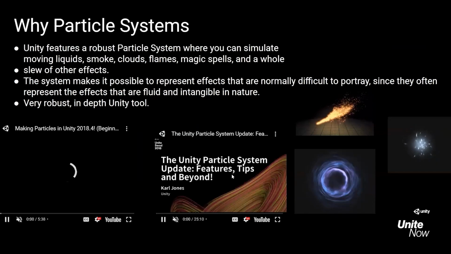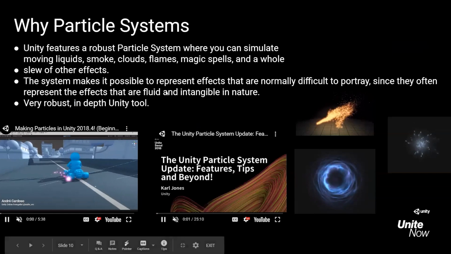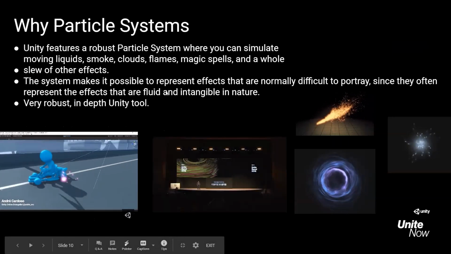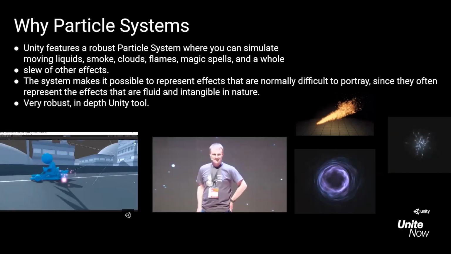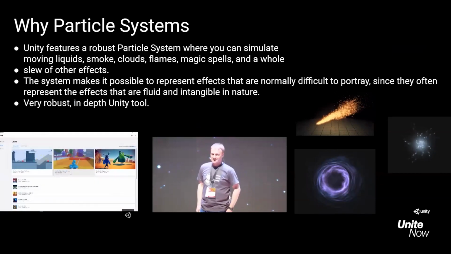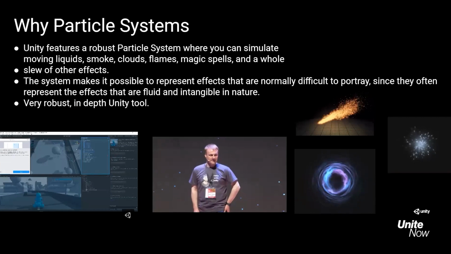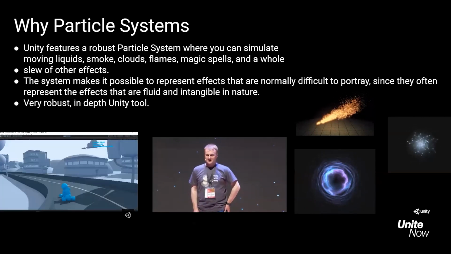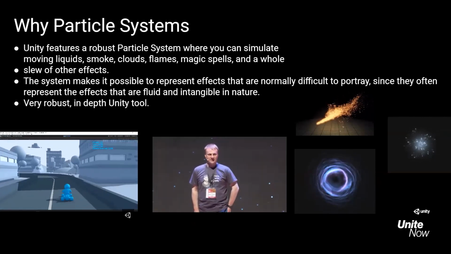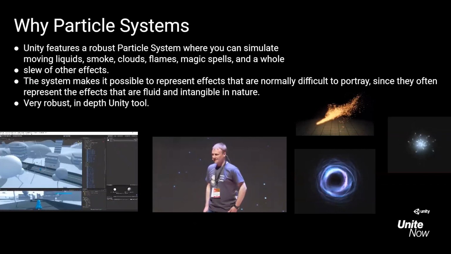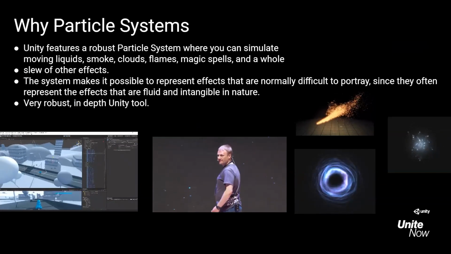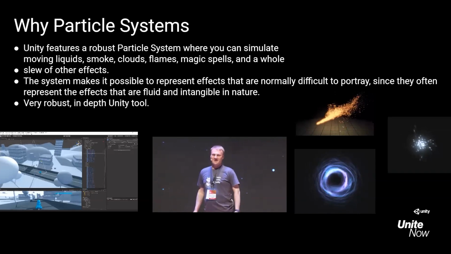So why do we care about particle systems? Well, it's a really, really handy tool for special effects. And now, with the release of the Universal Render Pipeline and the High Definition Render Pipeline, Unity has a new tool called the VFX Graph, which is effectively a new particle system that renders on the GPU, which means we now have access to millions of particles rather than thousands.